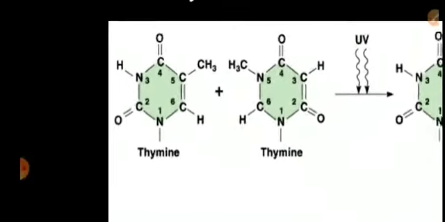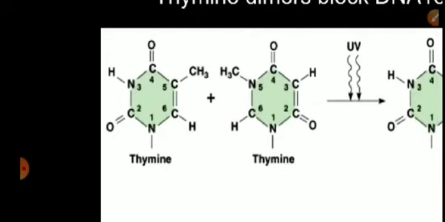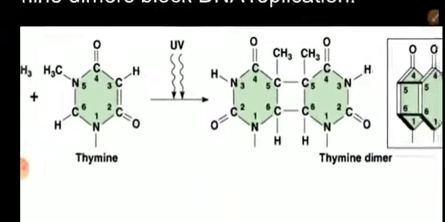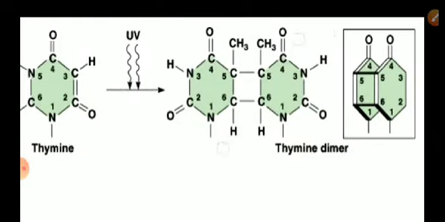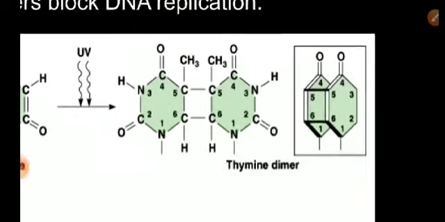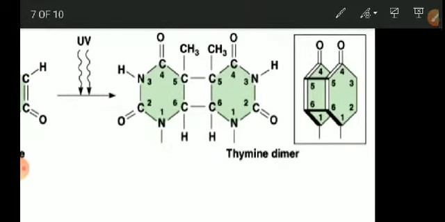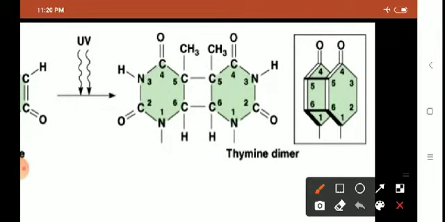The 5,6 C=C bond is unsaturated, and when they absorb UV light, a thymine dimer is formed. So this is a cyclobutane ring.